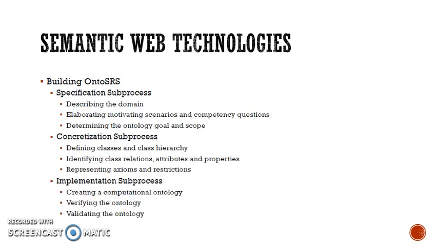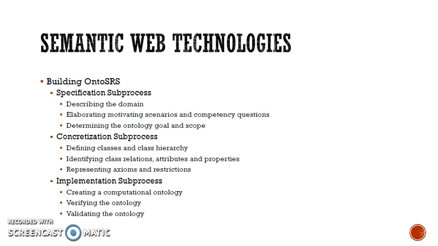And the next is building the ontology for SRS. First is the specification subprocess. In this process, we have a description of the domain, elaborating motivation, scenarios, and competency questions, and determining the ontology scope.